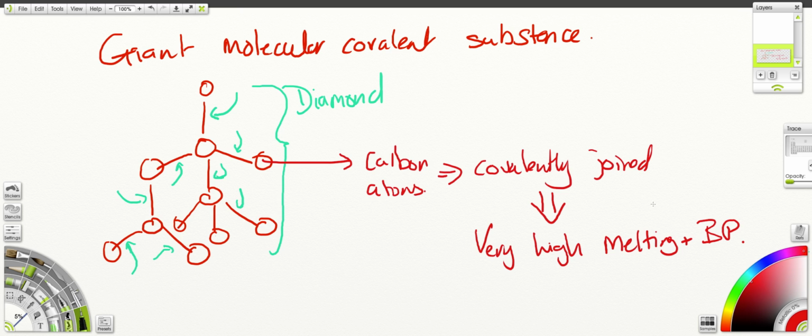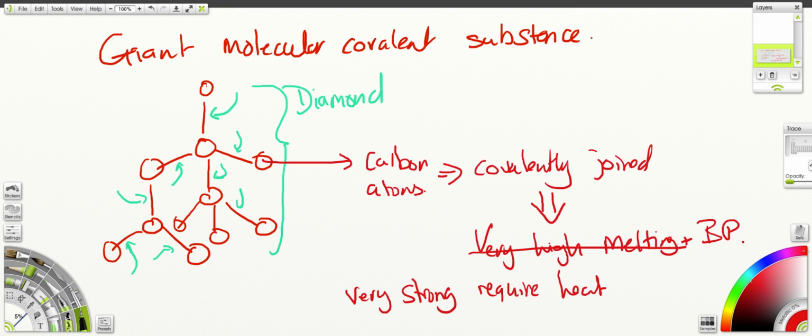It is very strong and will require a lot of heat energy to break those bonds, which explains why it has a high melting and boiling point.